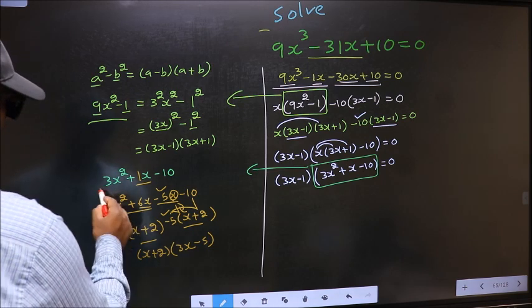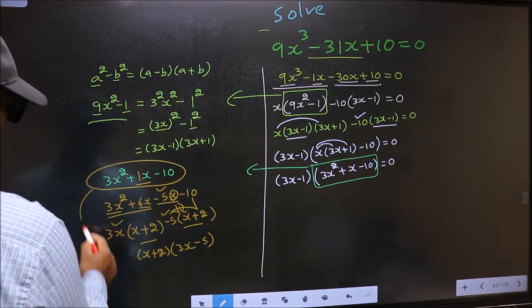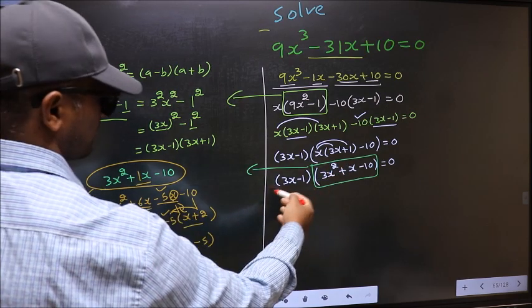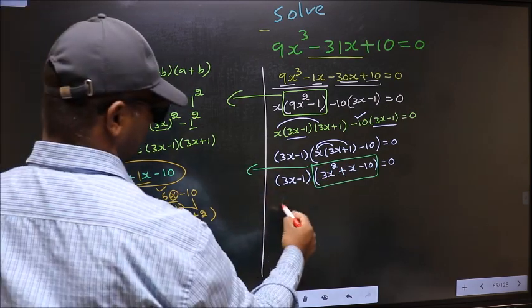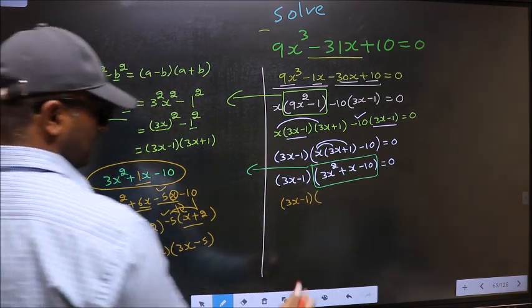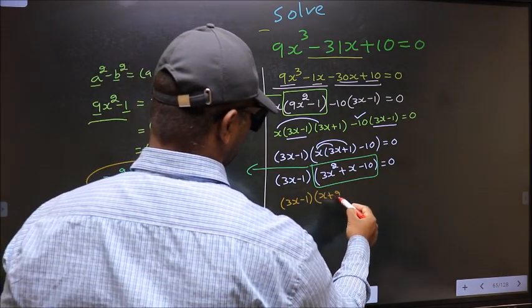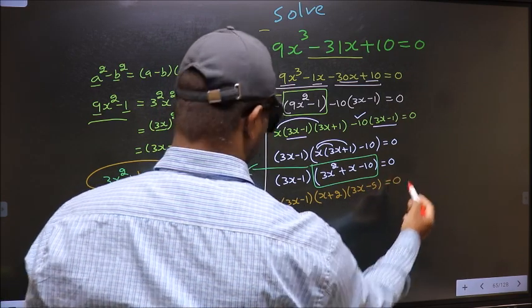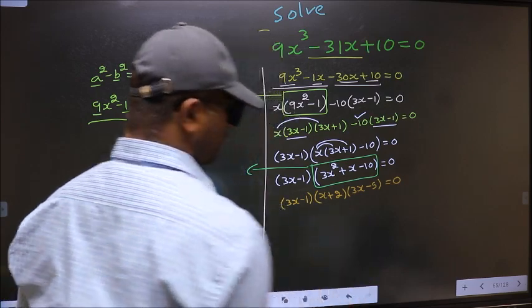Now in place of this quadratic, we should write this over here. So this equation becomes (3x - 1)(x + 2)(3x - 5) = 0.